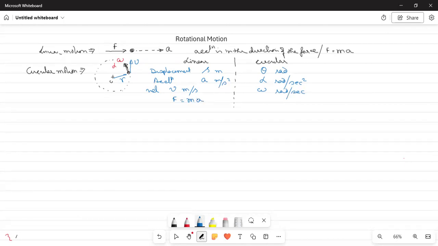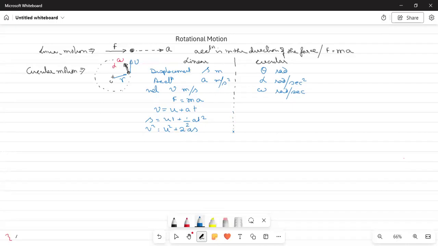And there are many other formulas that we have learned here. In linear motion, there are equations: v is equal to u plus at, where u is the initial velocity, s equal to ut plus half at square, and v square is equal to u square plus 2as.